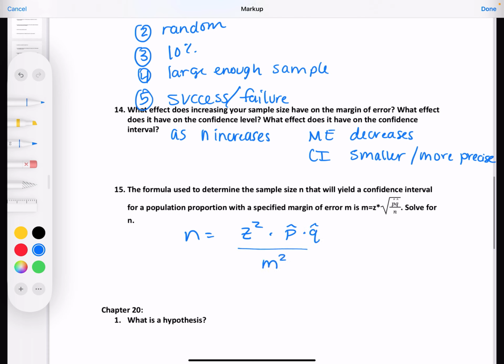And that's just from solving for a variable in this equation. But you'll need to know that, but if you know how to solve for a variable, you should be fine.